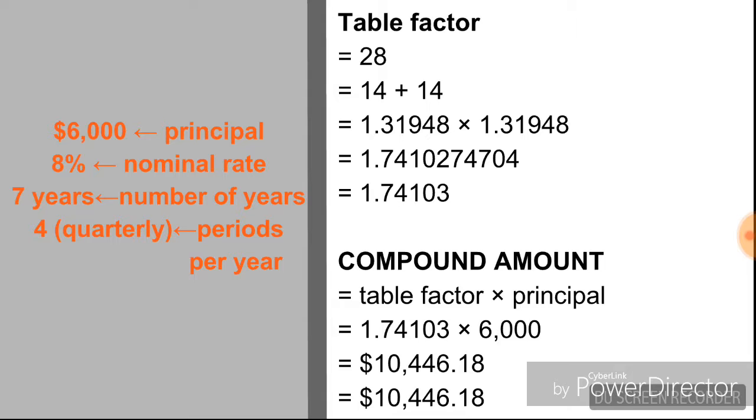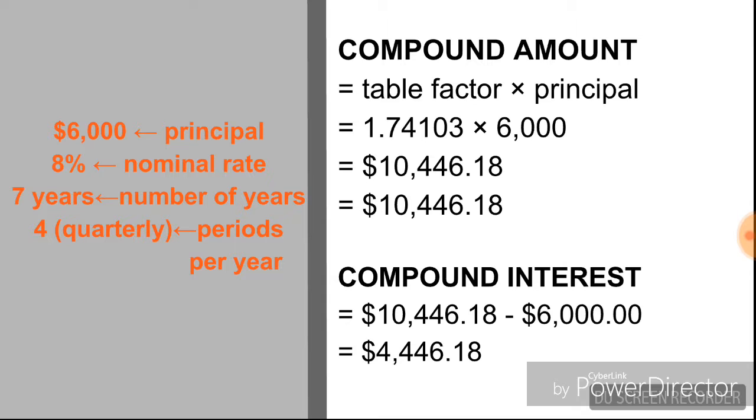To compute for the compound amount, simply multiply the table factor by the principal. 1 and 74,103 hundred-thousandths times 6,000 equals $10,446.18. $10,446.18 is the compound amount.